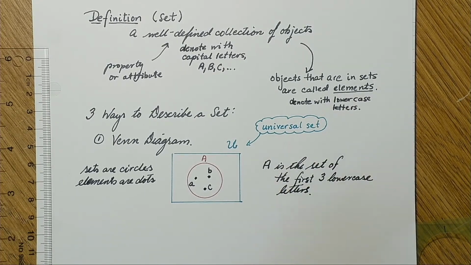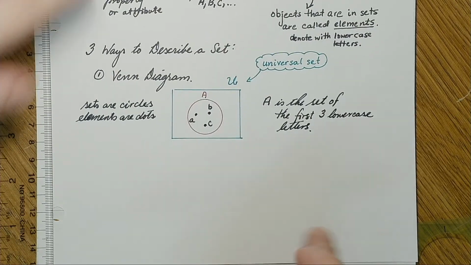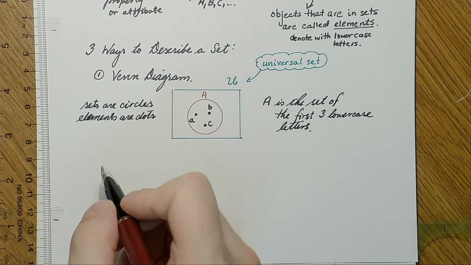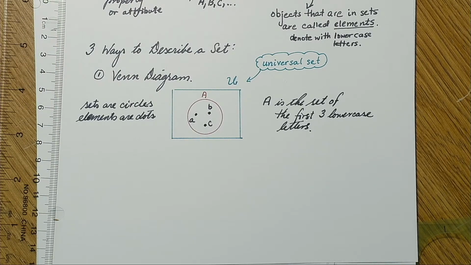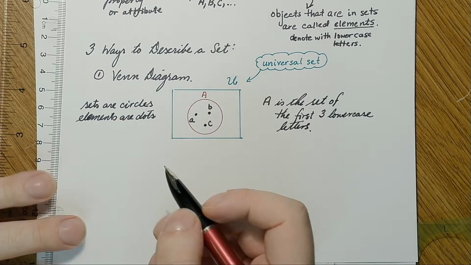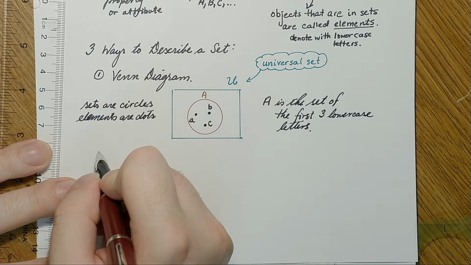Okay? So that's one way, a Venn diagram.